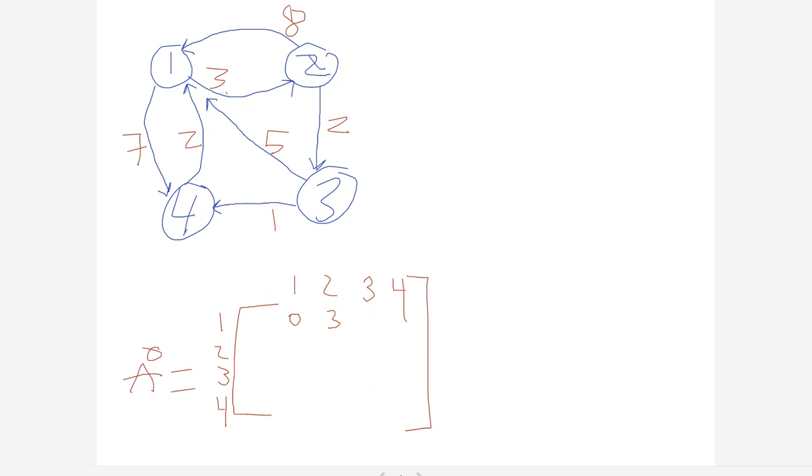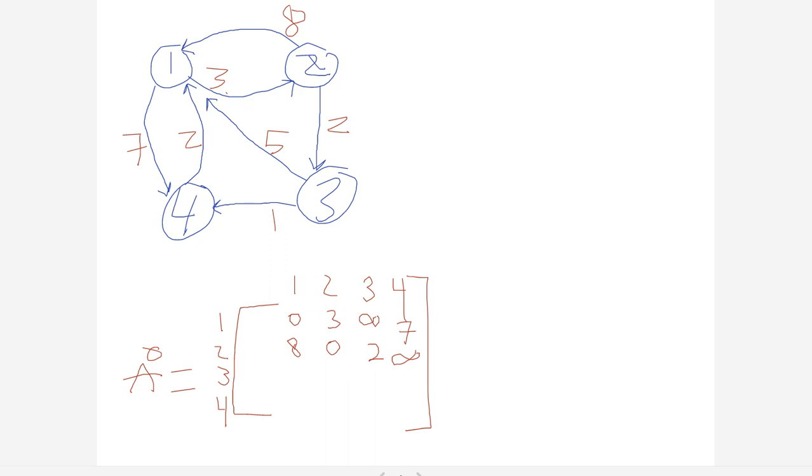Then there is no pathway from 1 to 3, so infinity. From 1 to 4 is 7, from 2 to 1 is 8, from 2 to 2 is 0, and from 2 to 3 is 2, from 2 to 4 is infinity because there is no path.